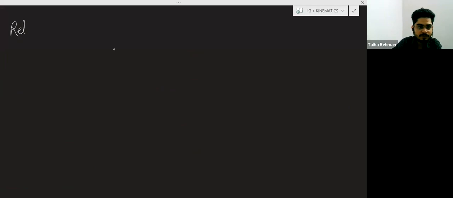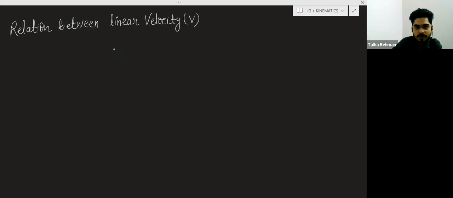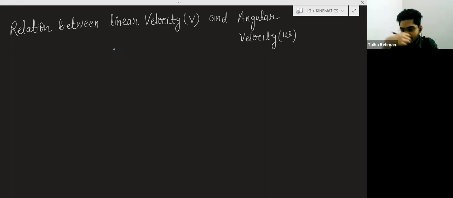Relation between linear velocity and angular velocity omega.